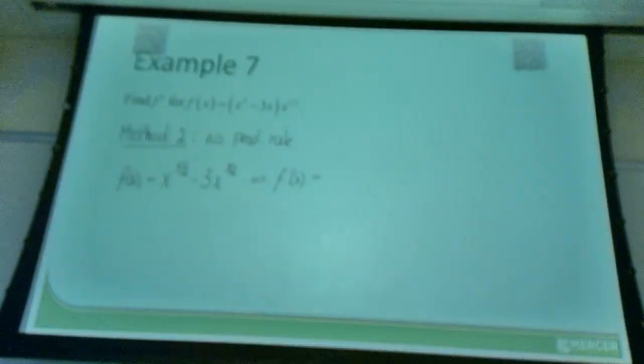Take the derivative. What do you get? 5 halves x to the 3 halves minus 9 over 2x to the 1.